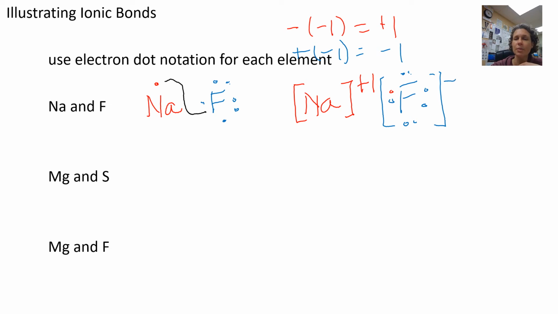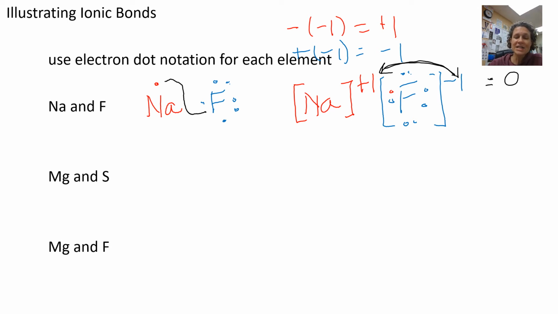So now we have a +1 and a -1, and that's how those two are joined together, because the positive and the negative are attracted to each other. The way that you make sure that these are written correctly is as if those numbers equal 0. So +1 and -1 equals 0. And I know this is kind of tedious, and we won't do a ton of it, but it is what is happening with the electrons. It's why certain things join together.